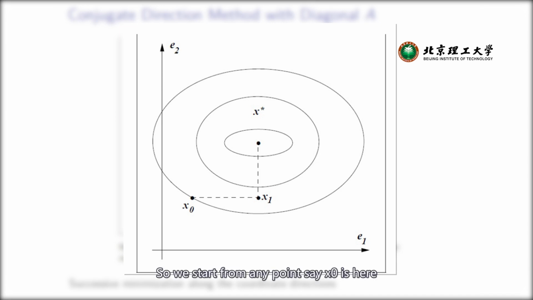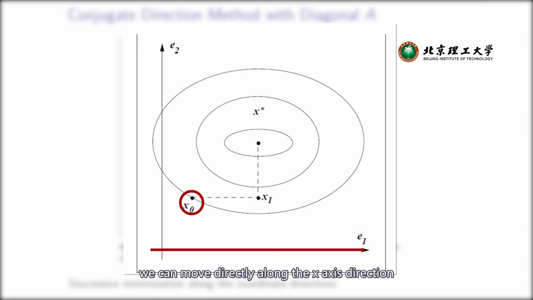We start from the initial point x0, and since A is a diagonal matrix, we can move directly along the x-axis direction and come up to the first iterate.